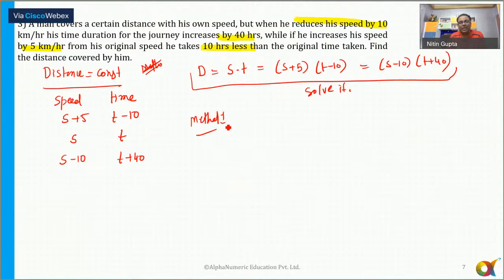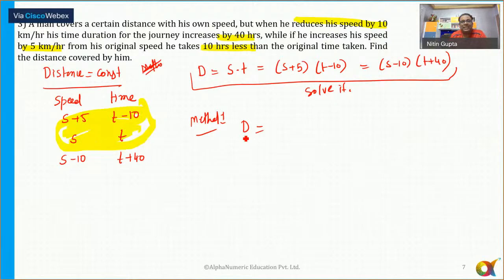What have I derived for distance? In one case, I'll take the first 2 equations.